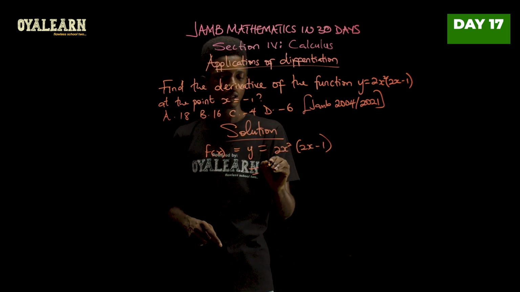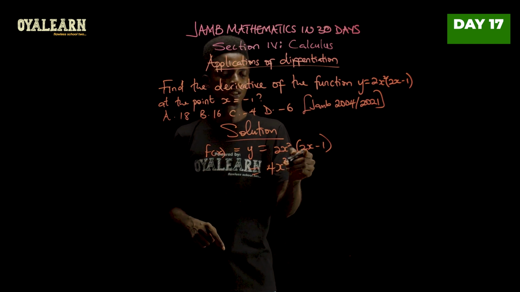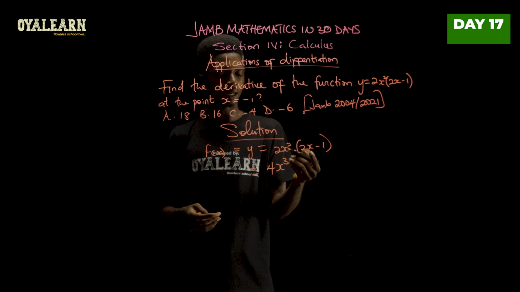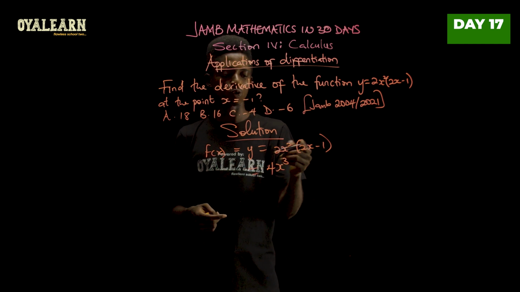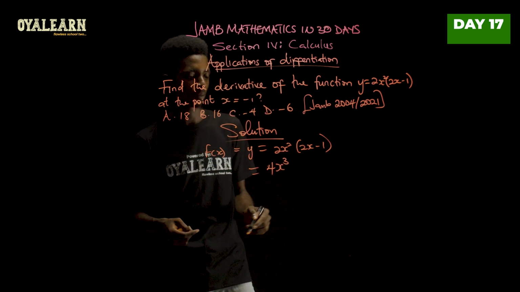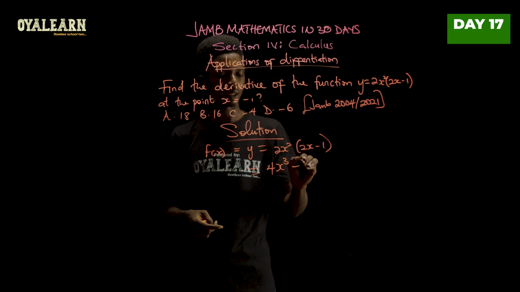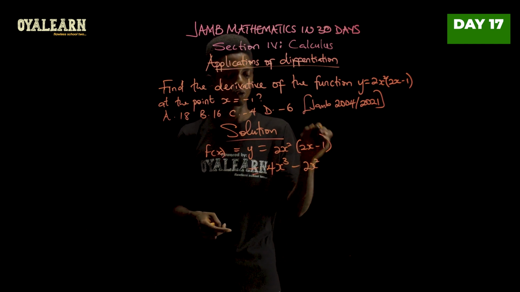That will give us 4x cubed, because when you are multiplying numbers that have the same base, you have to add the powers. The power here is 1, so 2 plus 1 gave us this 3. Then minus 2x squared multiplied by 1 will give us 2x squared.